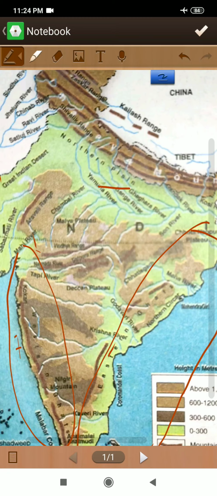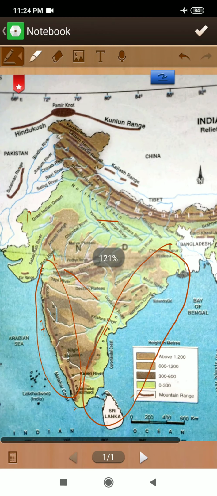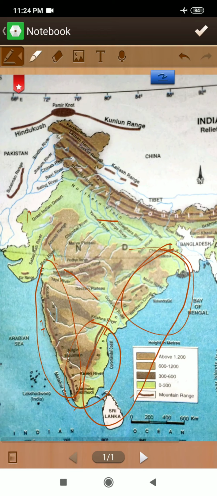Its northern coast is known as the Northern Circars coast, and the Tamil Nadu coast is known as the Coromandel coast. I will show you: the southern part is known as the Coromandel coast, and the northern part is known as the Circars coast.